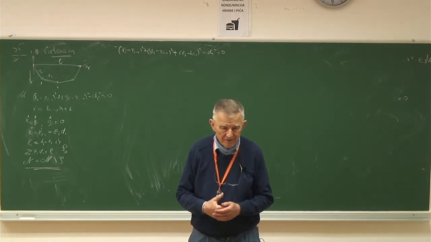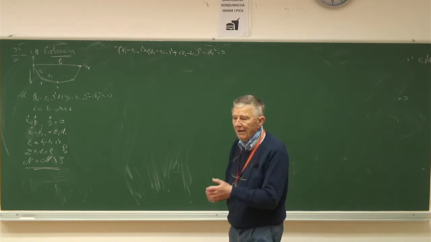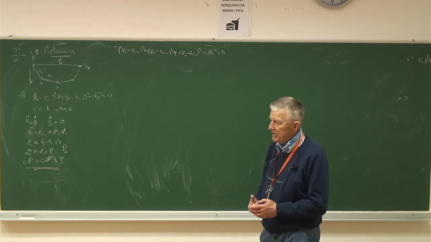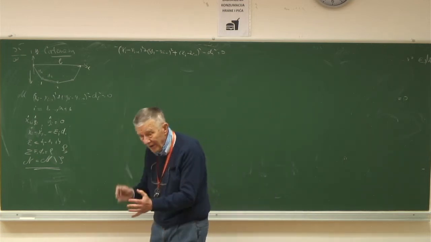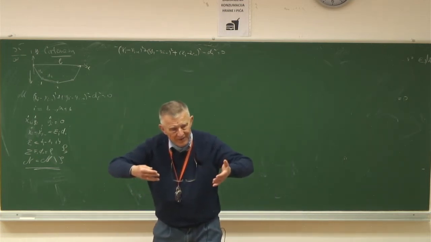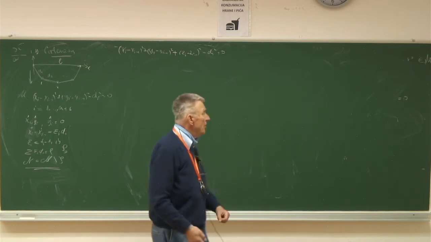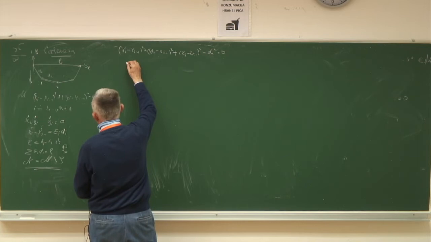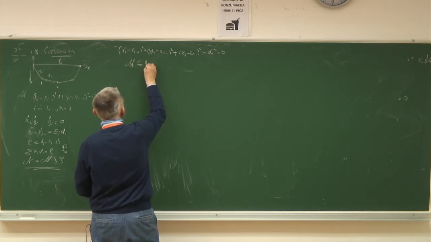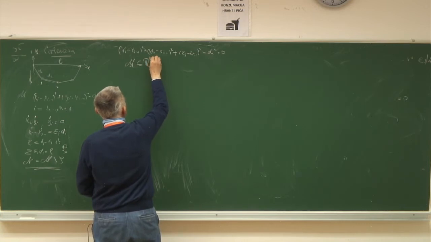That's the only additional conclusion you will get from this consideration. So it's the same set as here, only now embedded in a larger space. So now you have your M embedded in R^3n.